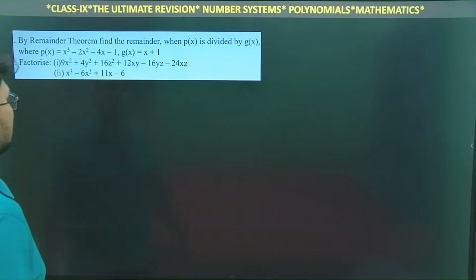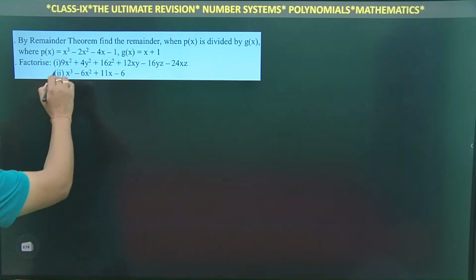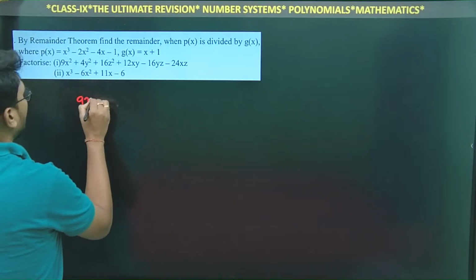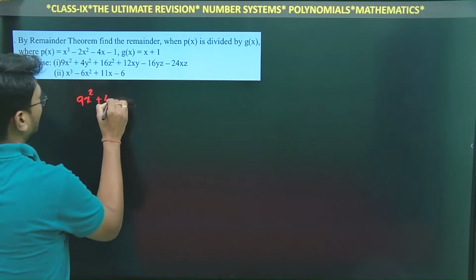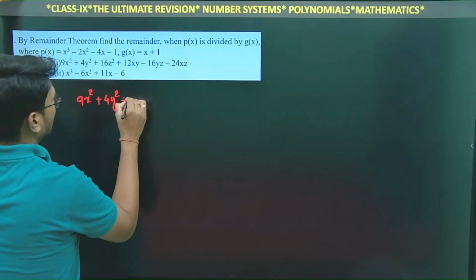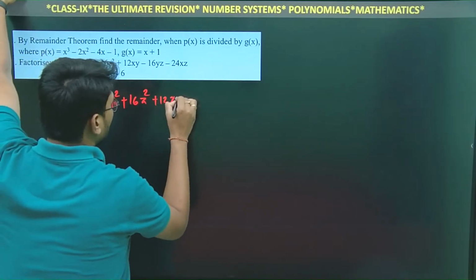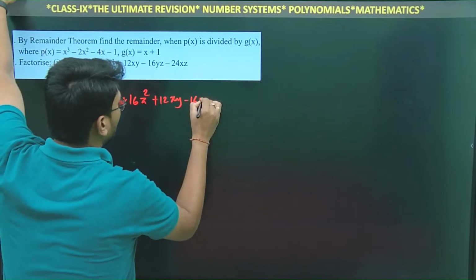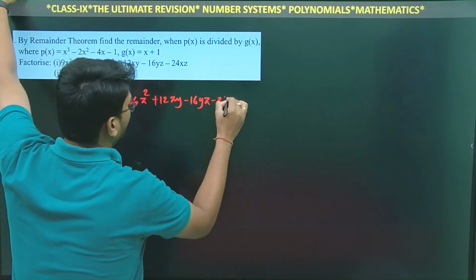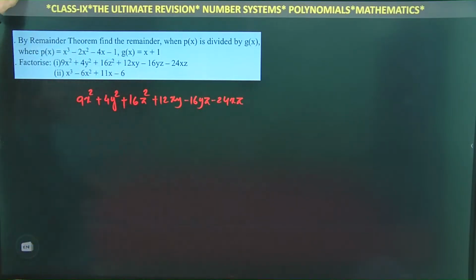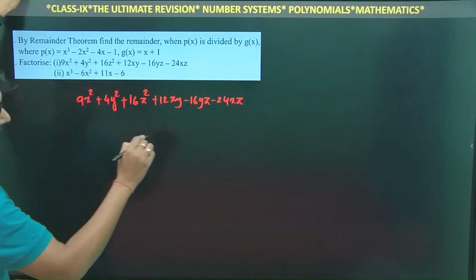See the question. Question is given: factorize, check karo, 9x square plus 4y square plus 16z square plus 12xy minus 16yz minus 24xz. Got it? Okay. So then how to factorize this?